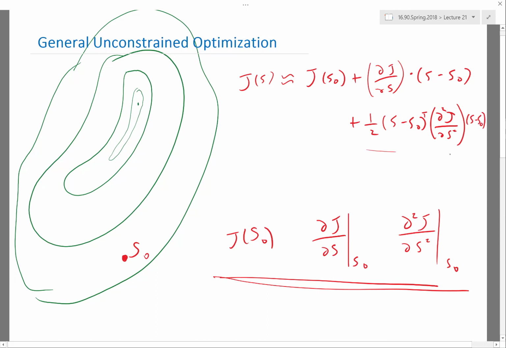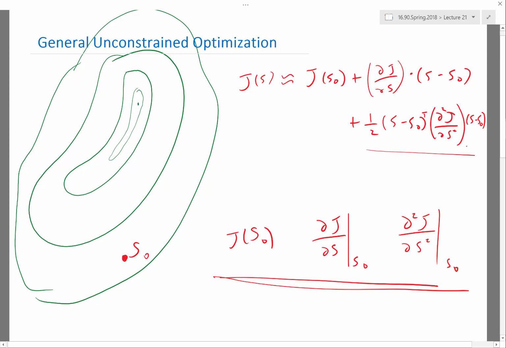This is the quadratic term in the Taylor series analysis. Of course, you can add more and more terms, but it becomes more difficult to represent in a vector space. We're going to stop here because we know how to solve quadratic optimization problems.